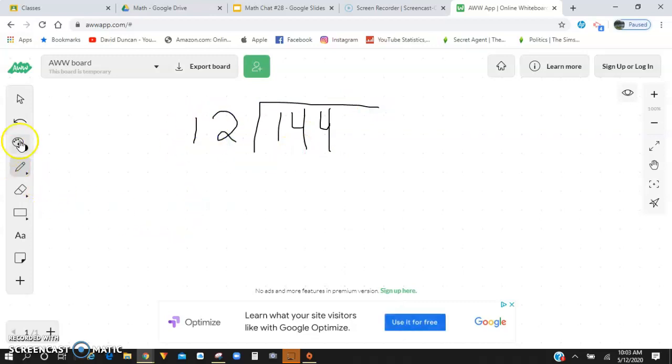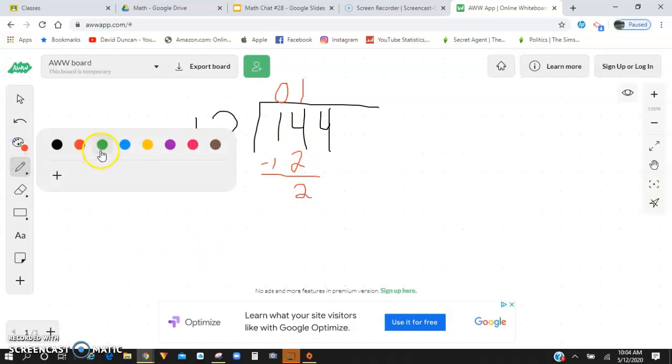Can 12 go into 1? No, it can't, so I'm going to put a 0 on top. Can 12 go into 14? Yes, it can, one time. 1 times 12 is 12, so I'm going to subtract 12 right here from my 14. 14 minus 12 is 2. I now am going to bring down this last 4.